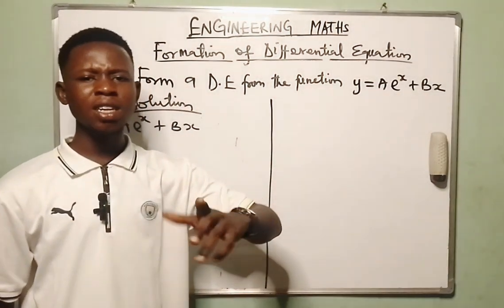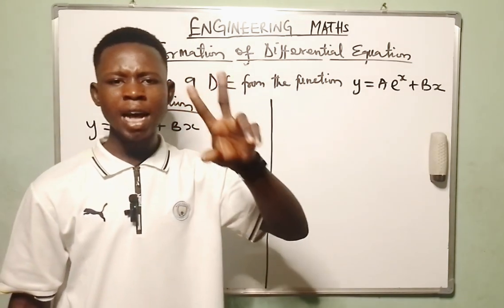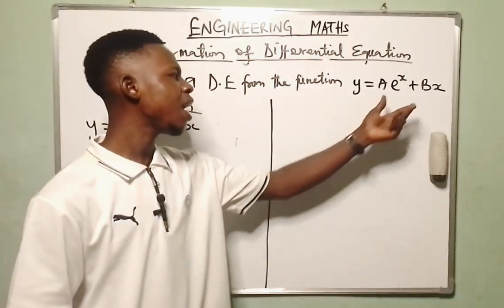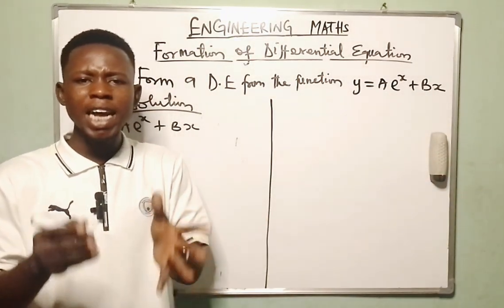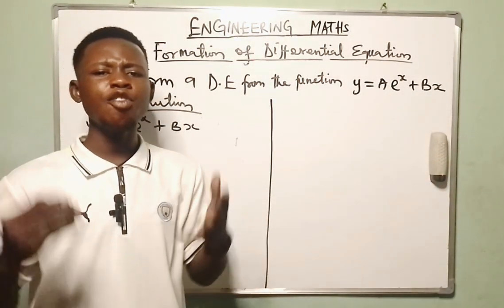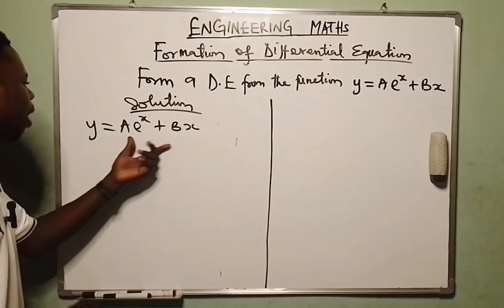We are going to be differentiating that equation two times. Then after that, we will look for a way to eliminate the arbitrary constants, and then form our differential equation. As simple as that.